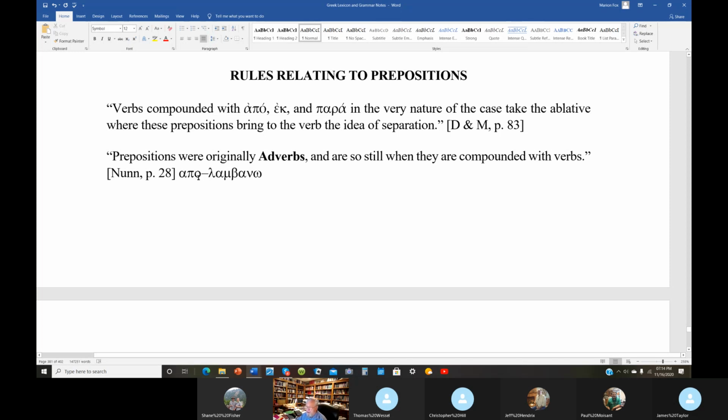And then what he's saying is this preposition apo goes back to what it originally was. It becomes an adverb in this form. So it reverts back to being an adverb. And again, an adverb will modify your verbs.